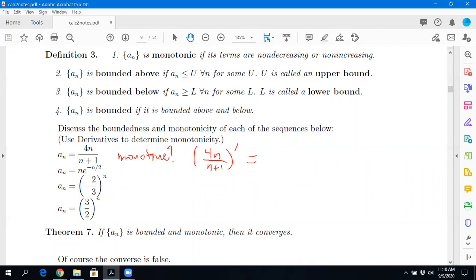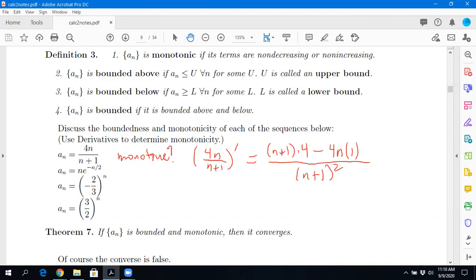So I use the quotient rule. It's going to be low times the derivative of the high minus high, which is 4n, times the derivative of the low, all over the denominator squared.